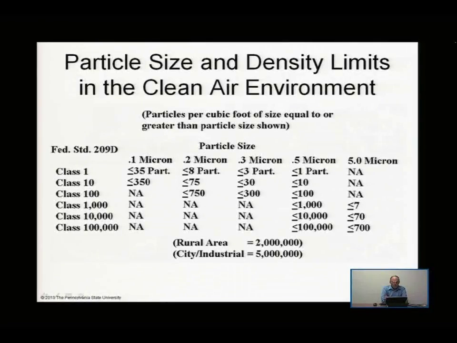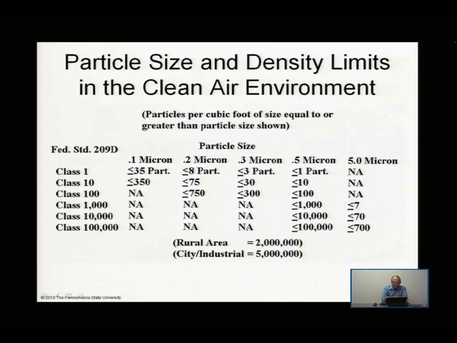And then you see the definition of Class 10, Class 100, Class 1000, Class 10,000, Class 100,000. Let's look at Class 1000, for example. That requires that there has to be less than 1,000 particles whose diameter is 0.5 microns, or it could be smaller.